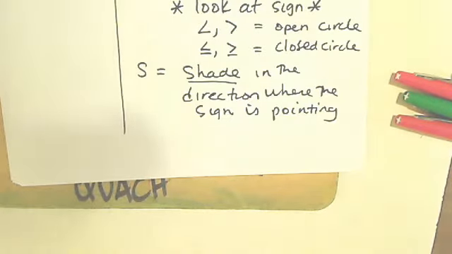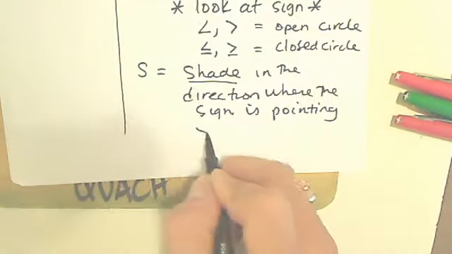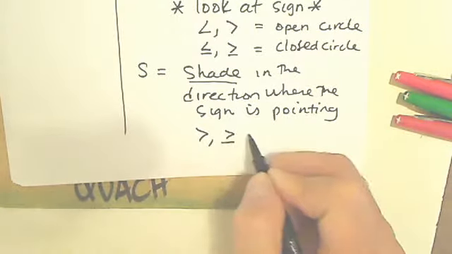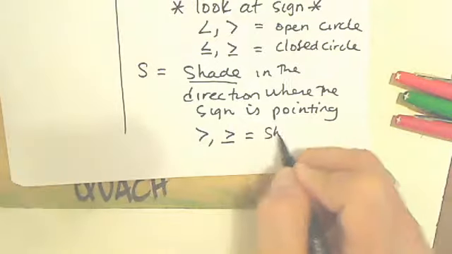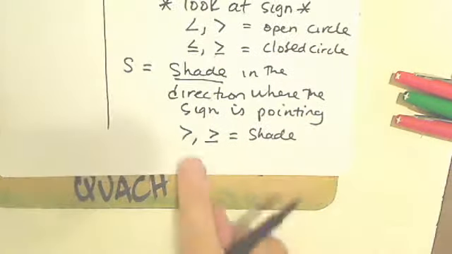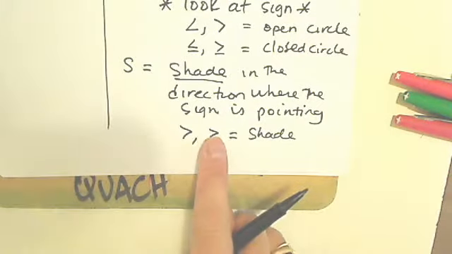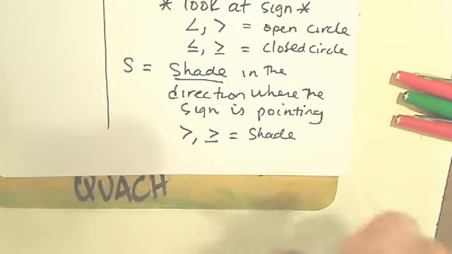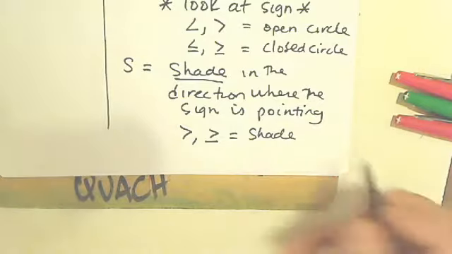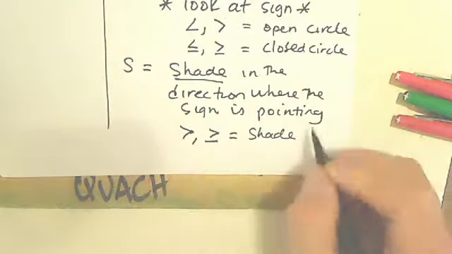Well, if you have a greater than or equal to sign, how do we shade? Where's it pointing, people? That's not the left. To the right. It's pointing to the right. It shades to the right.